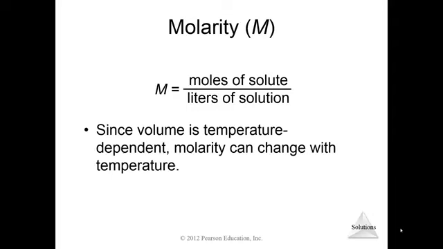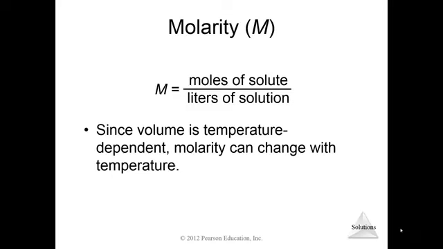The one problem with the molarity concentration unit is that the volume, i.e. liters of a solution, is temperature dependent. As temperature changes, the volume changes, and therefore the molarity changes. For our purposes, this will not produce significant complications.